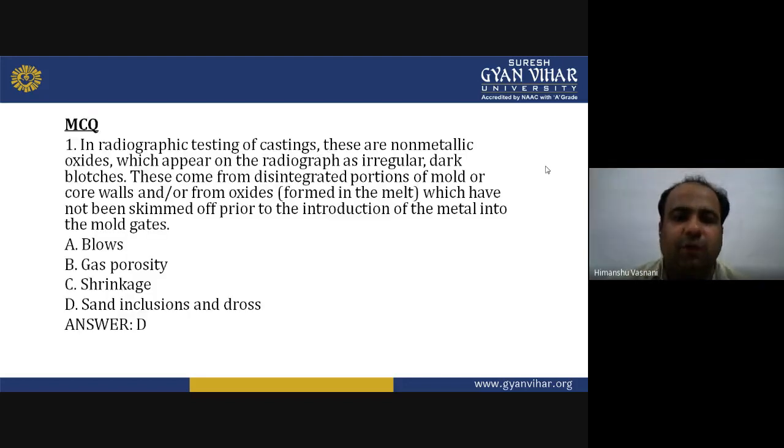Okay, now we'll start with the MCQs. We have studied today a lot about radiographic interpretation for weldings and castings. We have seen various diagrams which let us understand and interpret very easily how the defects or discontinuities will look.